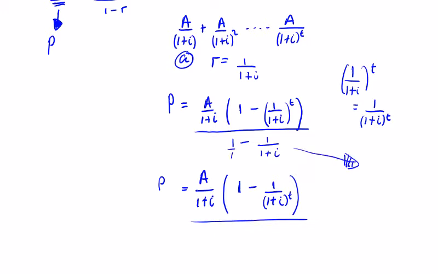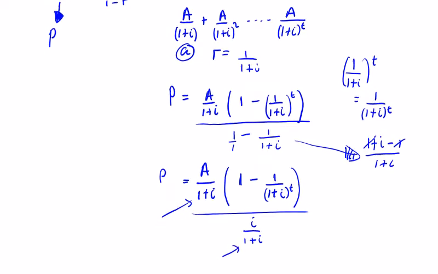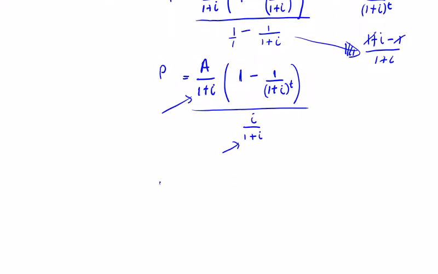If we imagine they're both fractions, we have (1 plus I) over 1, minus 1 over (1 plus I). You can see here we end up with I over 1 plus I, which we turn upside down, and these 1 plus I's, this one will be on the bottom, this one on the top, and they'll cancel. So P is equal to A over 1 plus I.